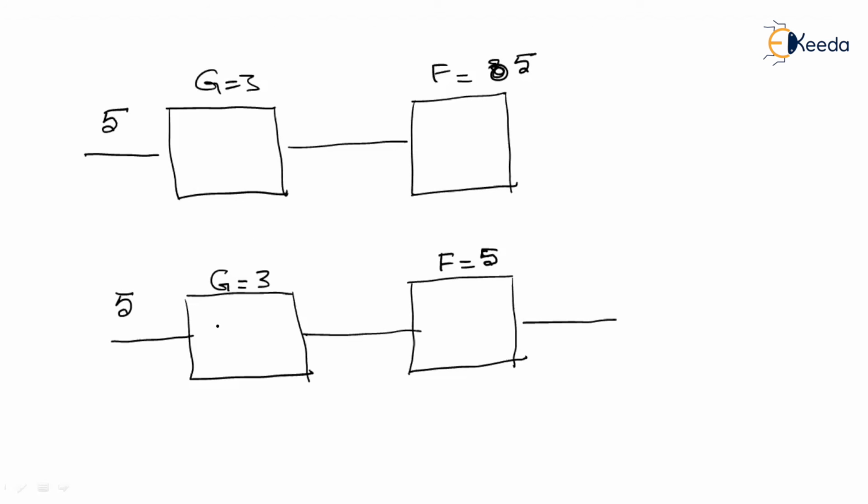There is another stream with another G and another F, which means we need to calculate only for 5 instructions. The rest of the 5 instructions can execute in parallel.